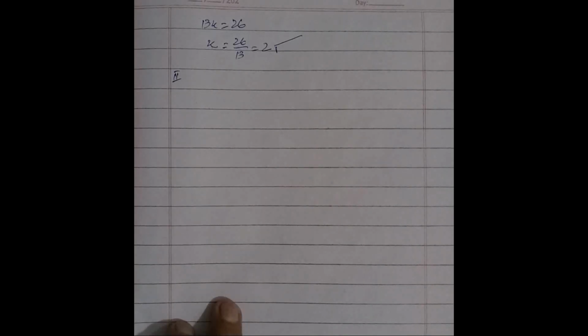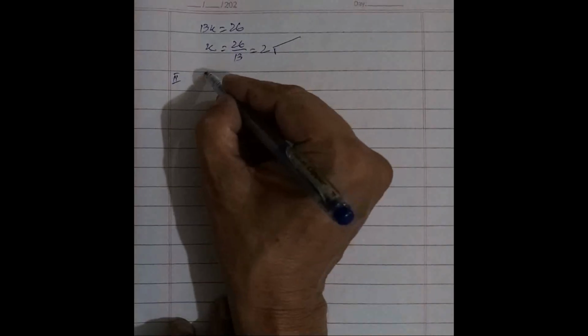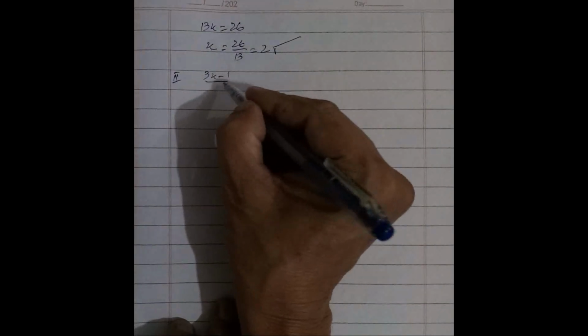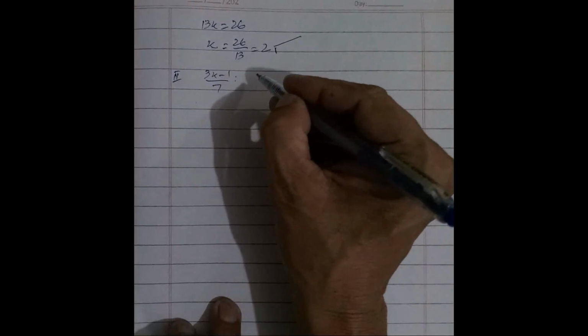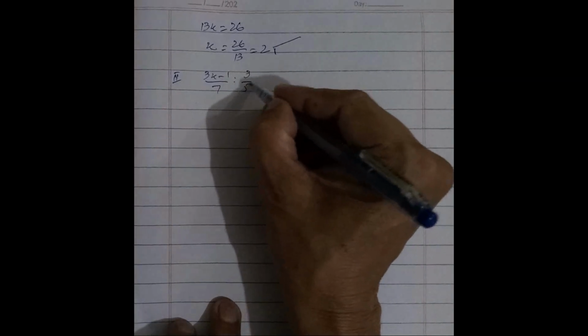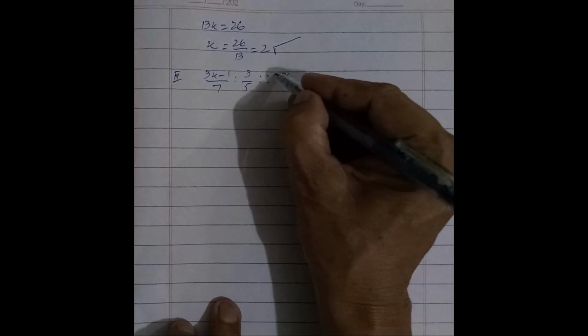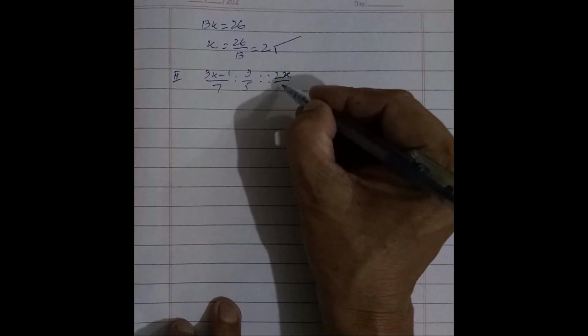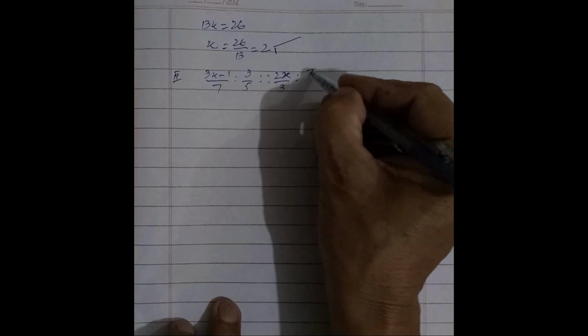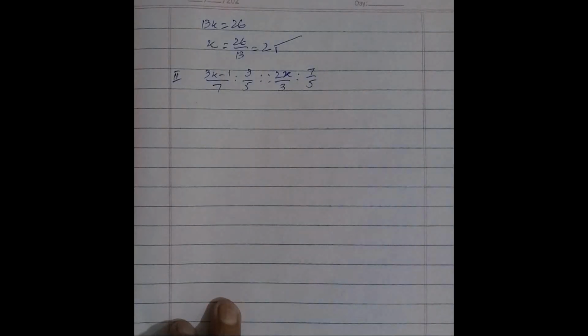So we solve question 2, which is 3x minus 1 over 7 ratio 3 over 5 proportion 2x over 3 ratio 7 over 5.